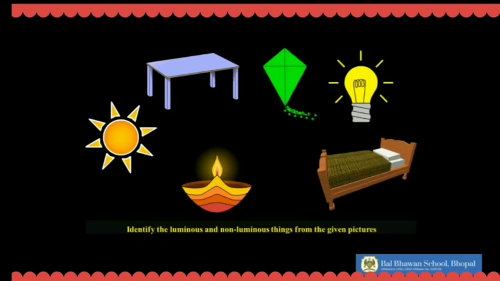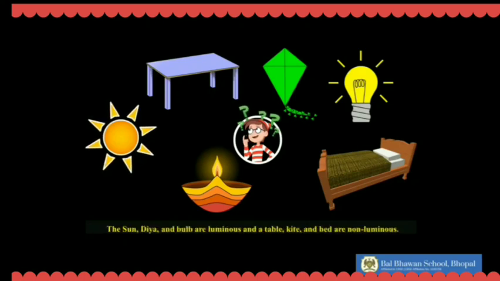Now try and think. Think about it. Yes, you are right. The sun, diya, and the bulb are luminous, whereas the table, the kite, and the bed are non-luminous bodies.